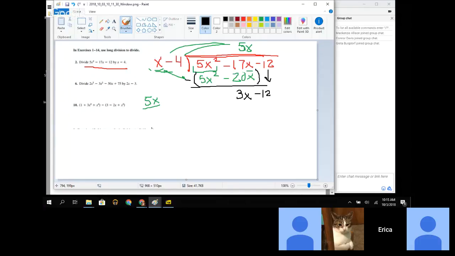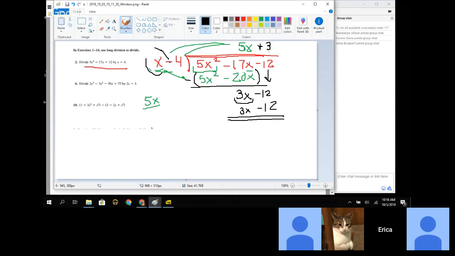So now I need to figure out how I'm going to get rid of 3x by multiplying by x. So I'm going to multiply by 3. Okay, so 3 times x is 3x. 3 times negative 4 is negative 12. And when I go to subtract those, I actually get no remainder.